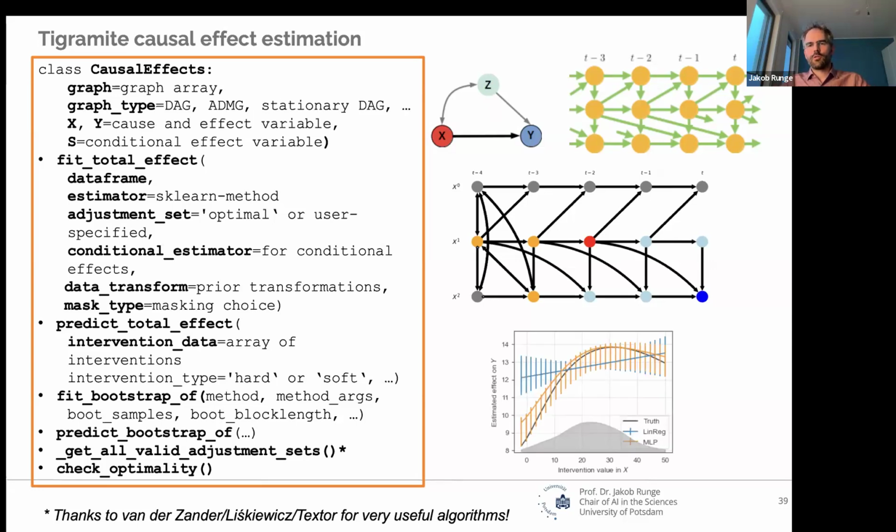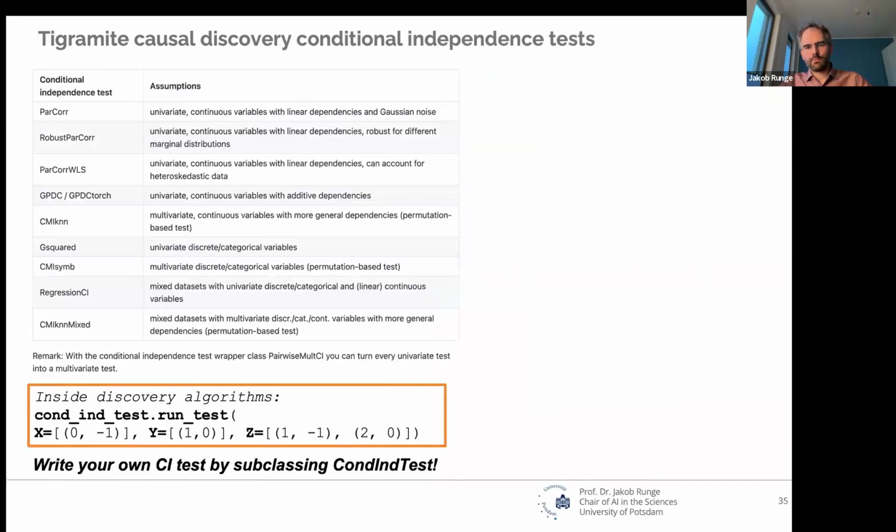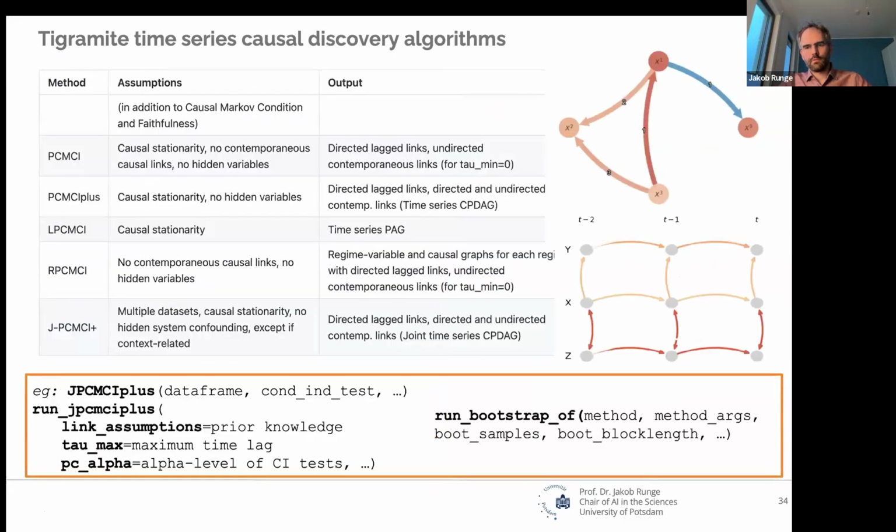So this whole framework here is constraint-based. And so the way you encode link assumptions is hard.